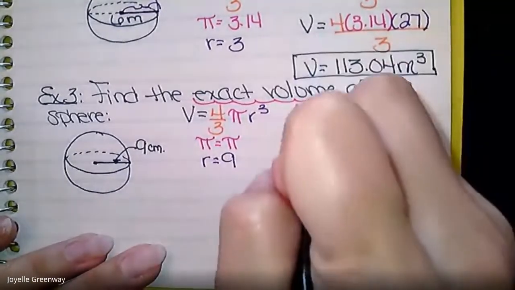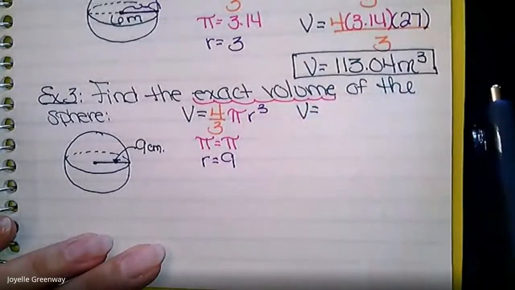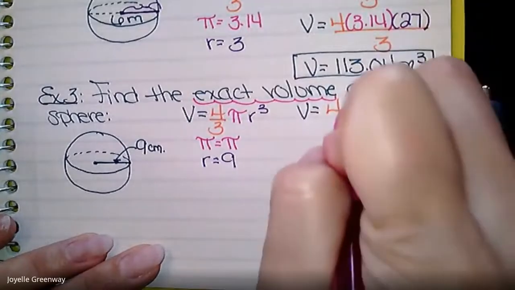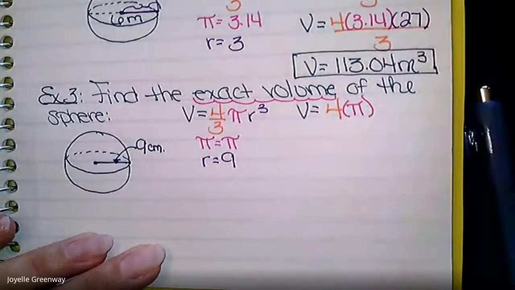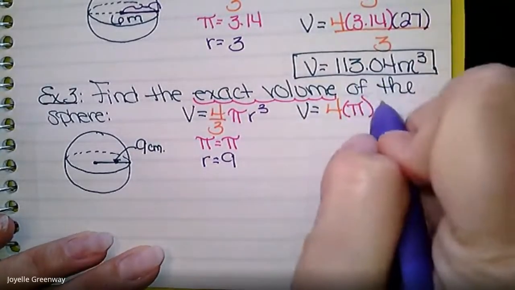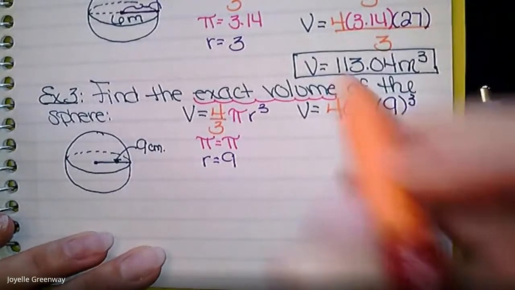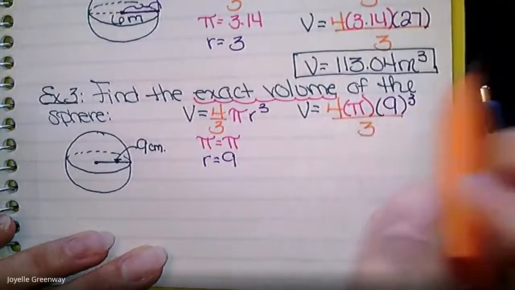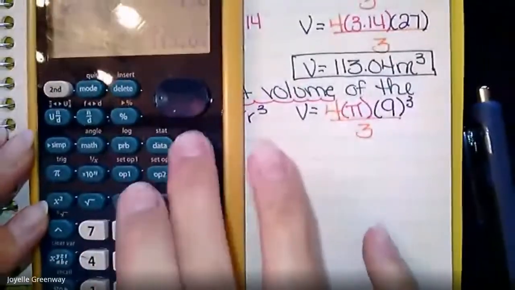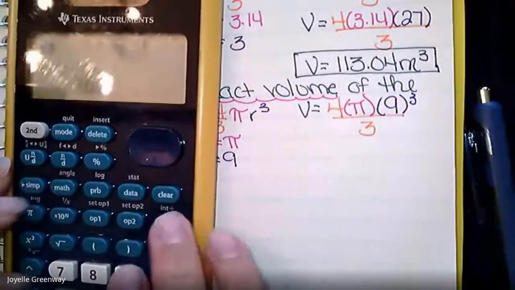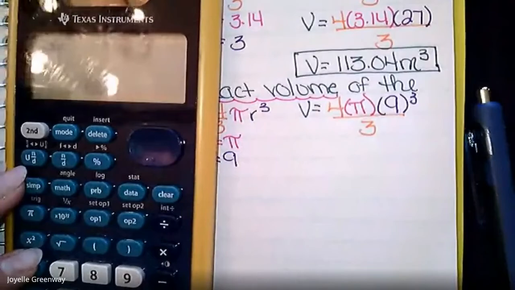So let's substitute and find the volume. So volume is equal to 4 times pi, and remember, I'm just going to leave that like that, and then times 9 cubed divided by 3. So 9 cubed, remember, is 9 times 9 times 9, or 9 caret 3.